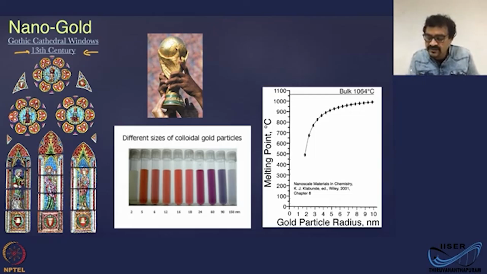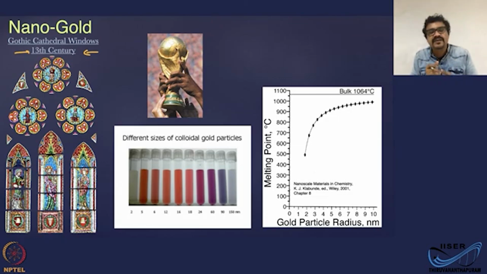All these colors are actually painted by colloids of gold nanoparticles of various sizes. As we saw in one of the previous slides, the shell configuration or the filling sequence changes as you change the gate voltage. But when you change the size of these nanoparticles, you are actually going to modify the filling sequence also.